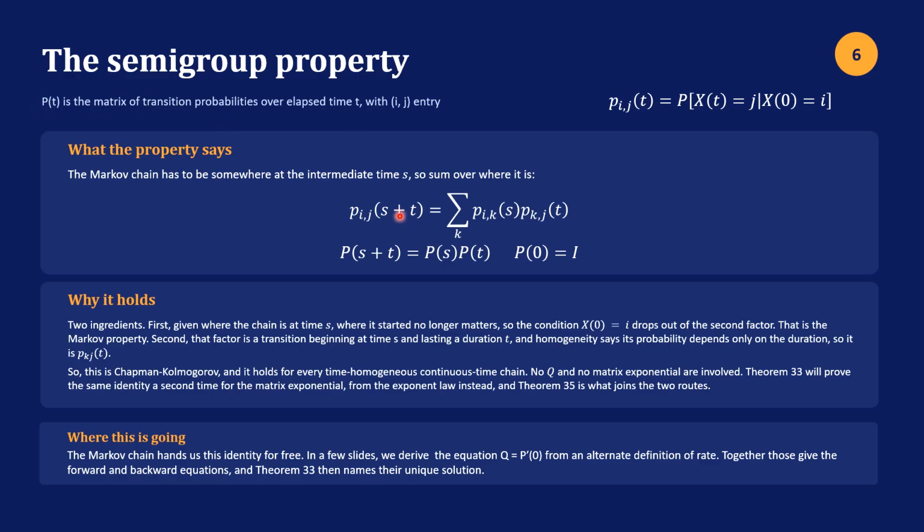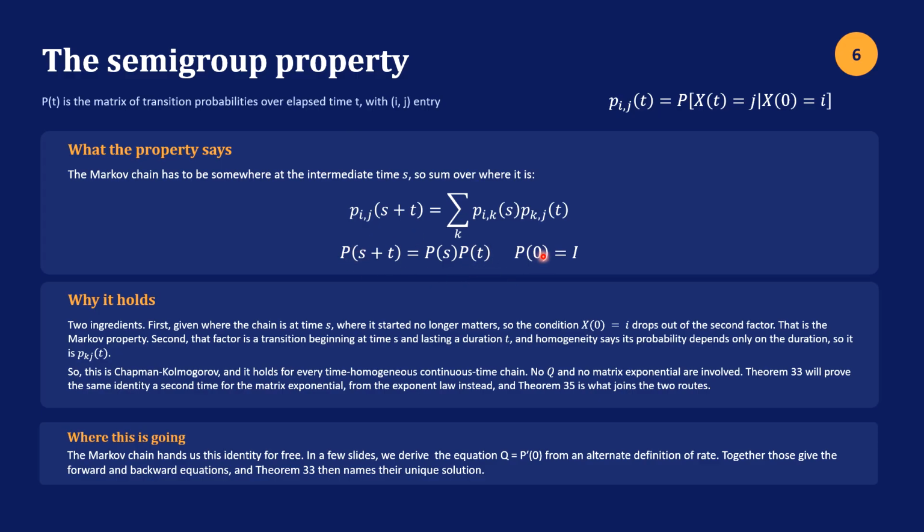So the first thing is we want to find the probability of going from i to j at time s plus t. In other words, being in this state j at time s plus t. We can sum over all the possible states you could be in at time s. That's what this is showing here. And we can write that in matrix notation like this here.